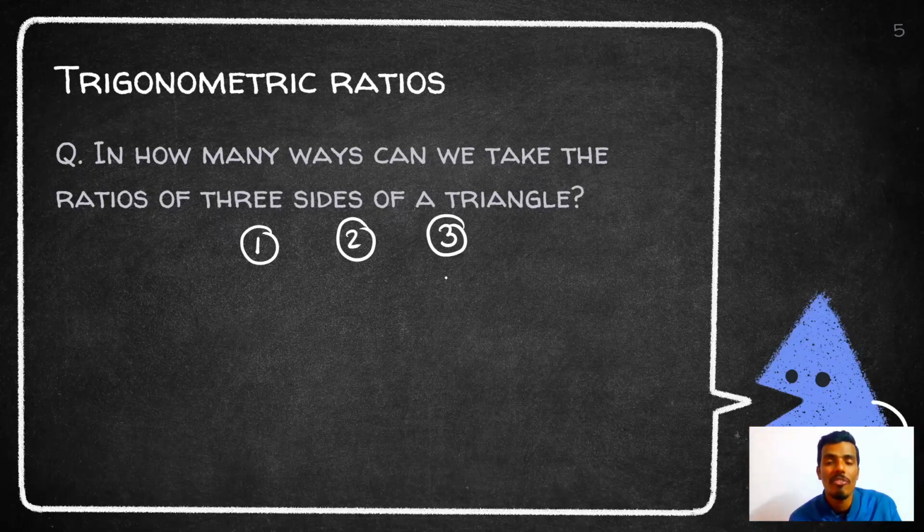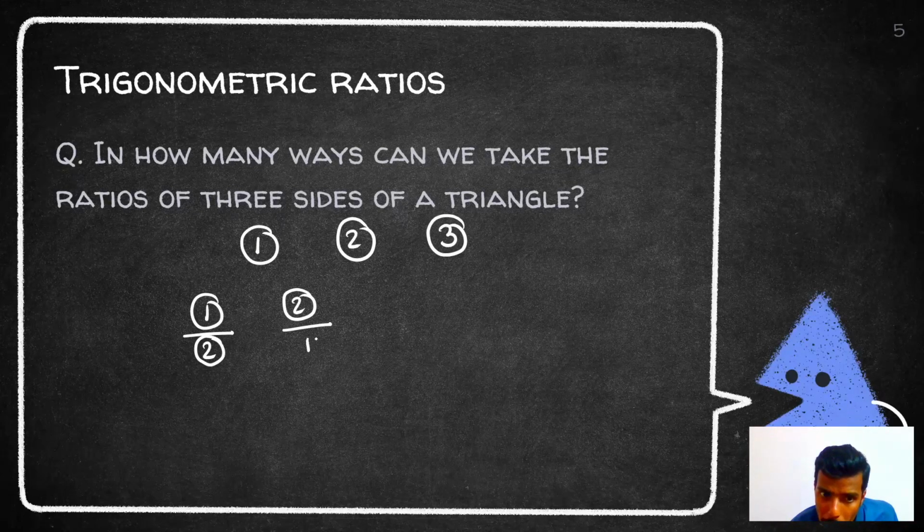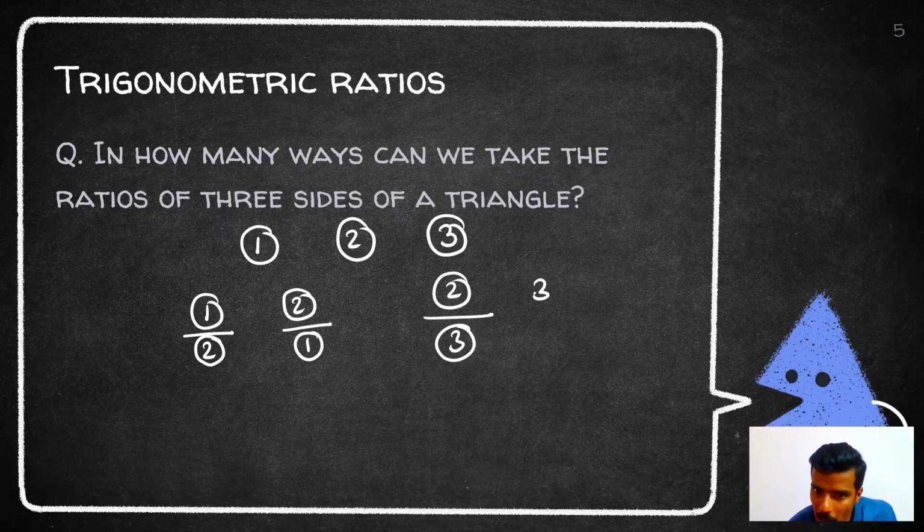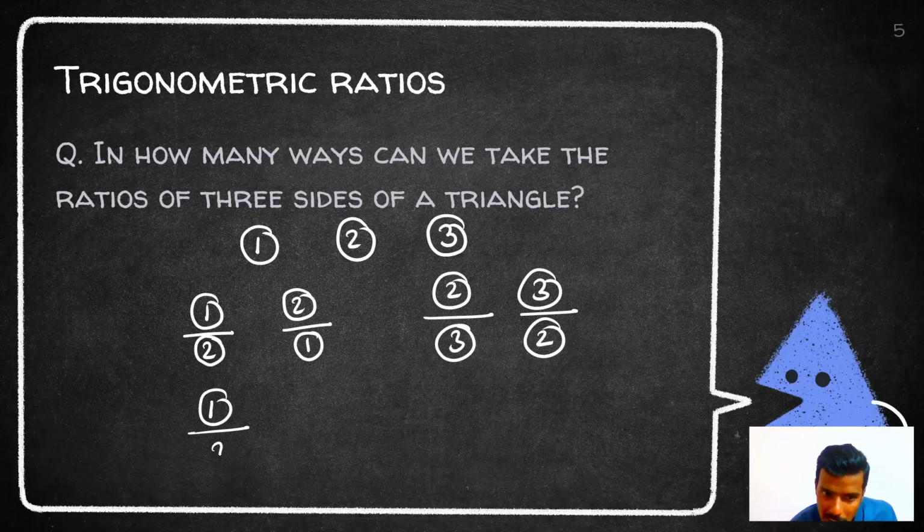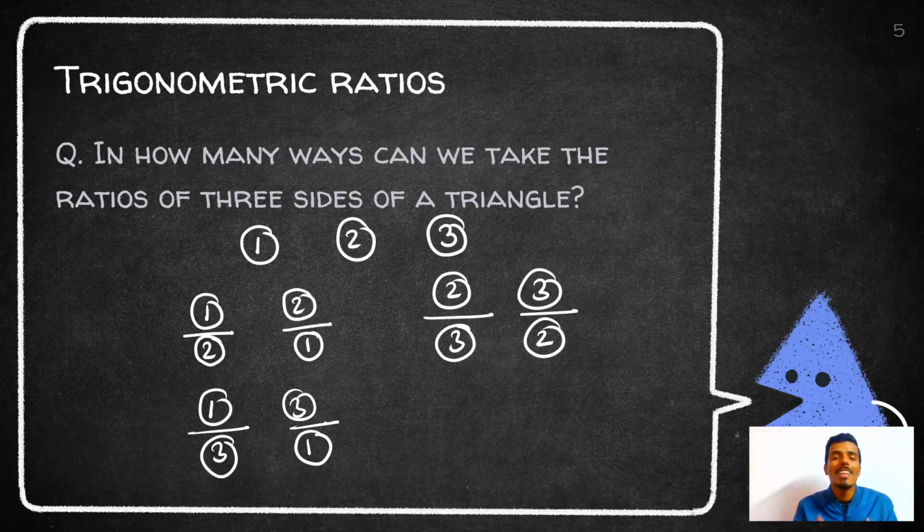We can take 1 upon 2 or 2 upon 1, similarly 2 upon 3, 3 upon 2, and 1 upon 3 and 3 upon 1. So, there are a total of 6 ways to take the ratios from the sides of a triangle.